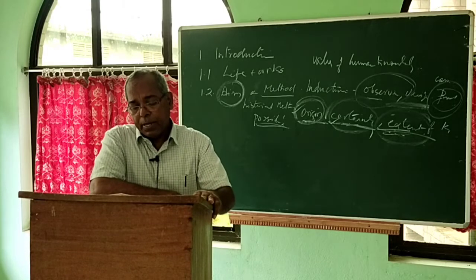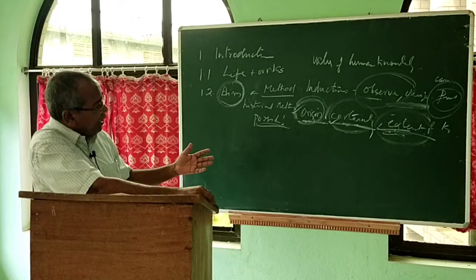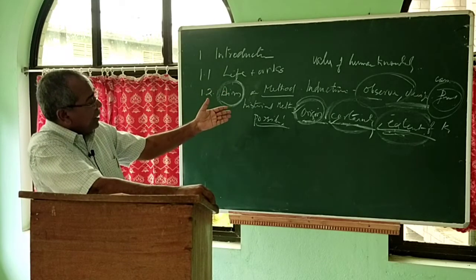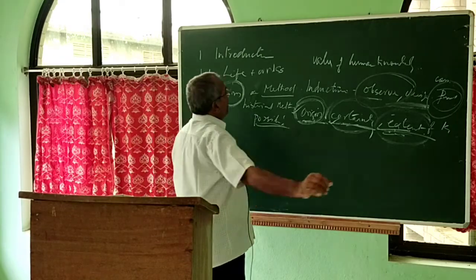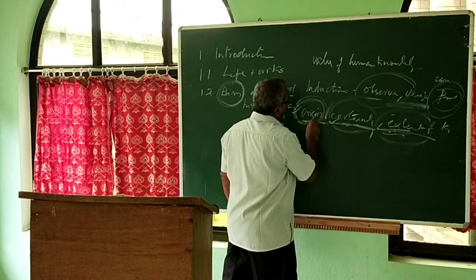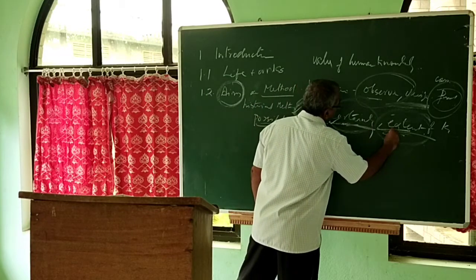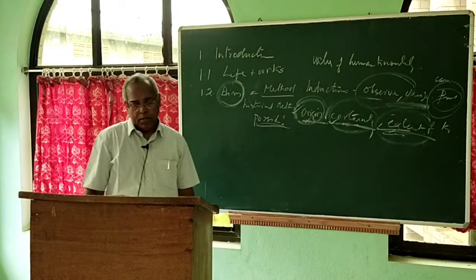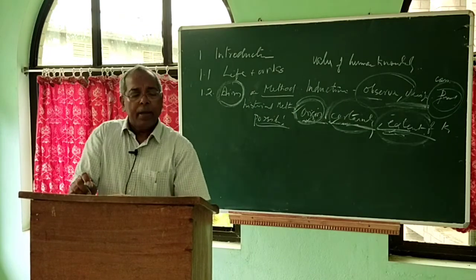So in other words, observation, verification, prediction, that is what he said. That is the aim and method employed to know the origin, certainty and extent of knowledge.